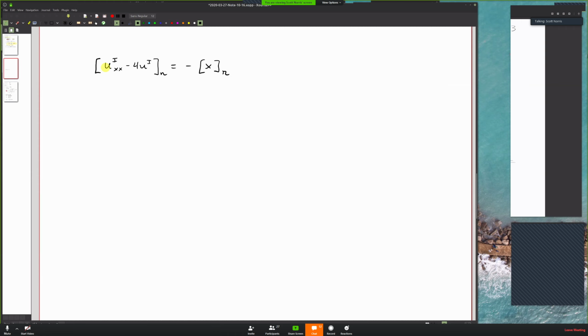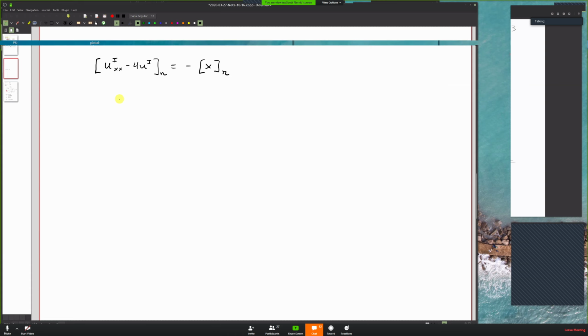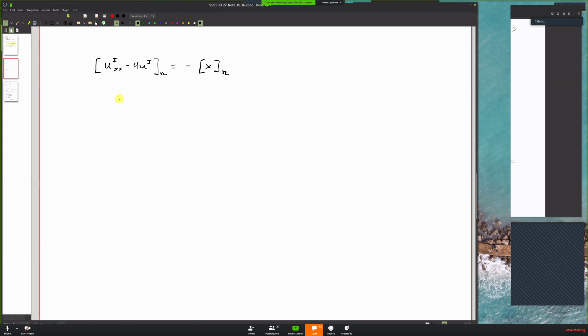Here's our interior problem, the transform projection onto the cosine terms. What are we going to get when we take the transform of the left-hand side? Right, this is just LU. And what are we going to get when we take the transform of that?